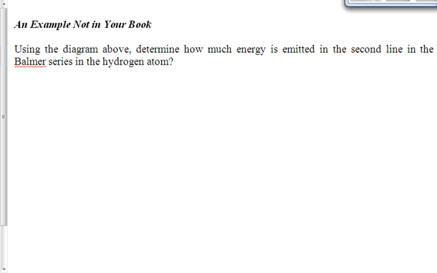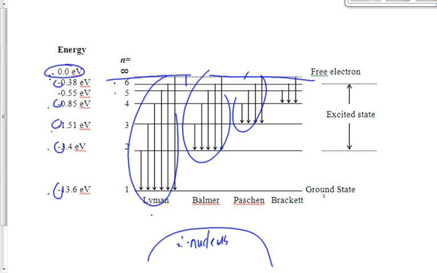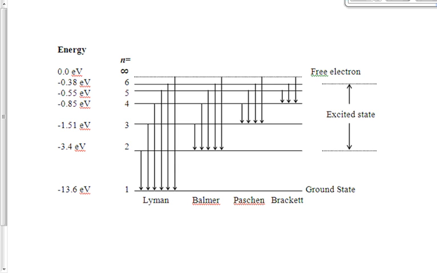First question says, using the above diagram, determine how much energy is emitted in the second line in the Balmer series. Second line in the Balmer series. So let's go back to our picture. The Balmer series is right here. Here's the second line in the Balmer series. Look at the transition that's taken place in the second line of the Balmer series.